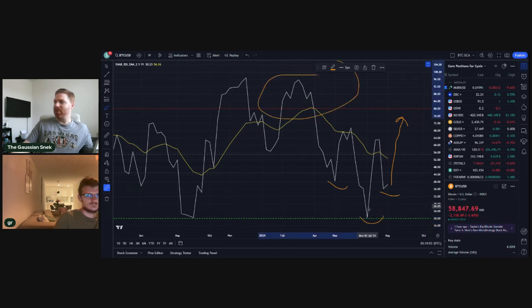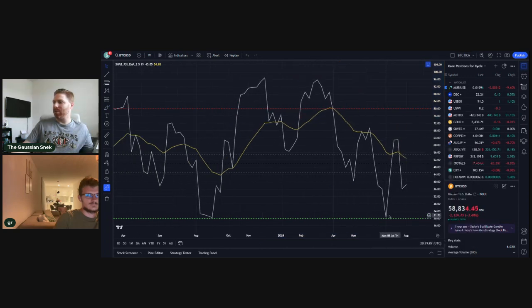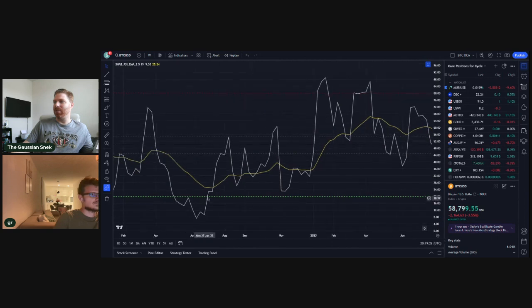Another observation is that we don't usually reach levels this low, again on the weekly time frame, very often. The last time we reached a level this low on the RSI was September 2023, and before that it looks like June of 2022.